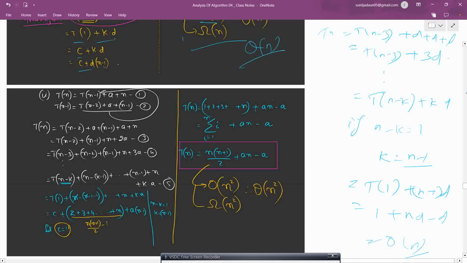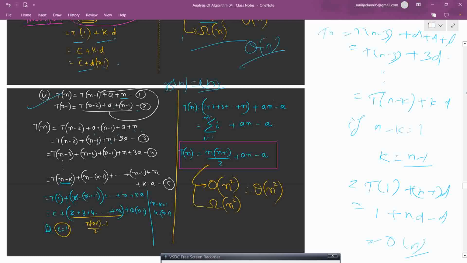This is the second case. If the function f(n) is order of n, then we will be adding an n here, then for T(n minus 1) again, if we substitute that, this will become T(n minus 2) plus a plus (n minus 1) plus a, then 2a plus n, and so on.